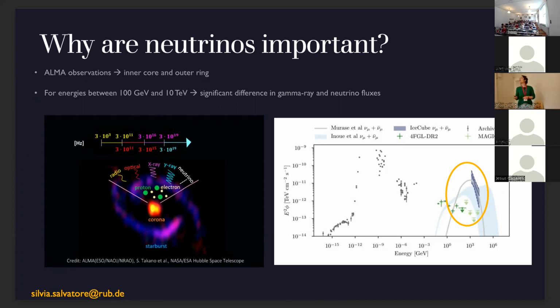And then, if you look at the right-hand side of the slide, you can observe how between 100 GeV and 10 TeV energies, we have a very significant difference in the order of magnitude between the fluxes of the neutrinos detected by IceCube and the gamma ray detected by Fermi. So this cannot possibly be explained by one single zone.